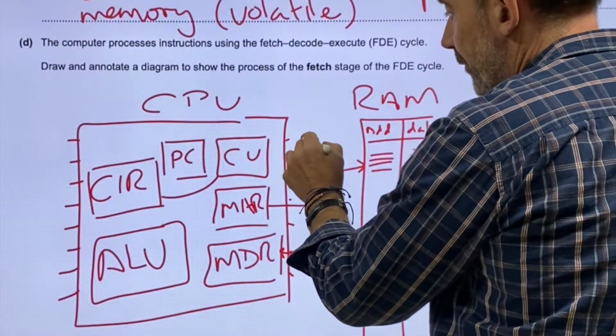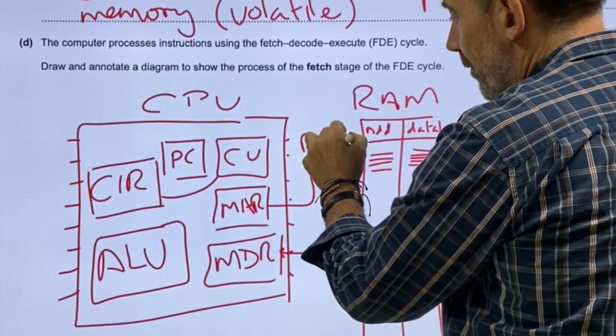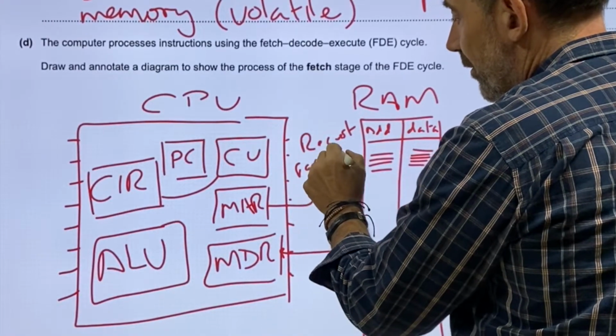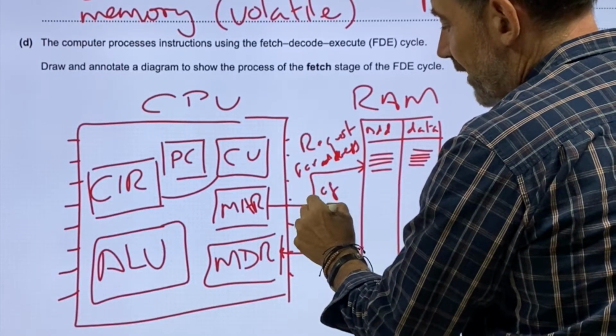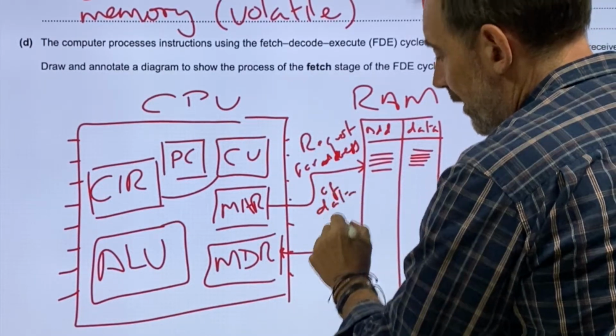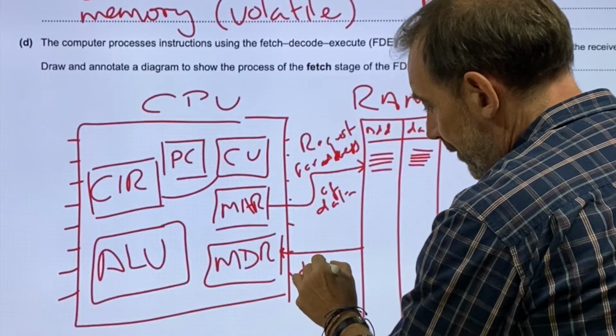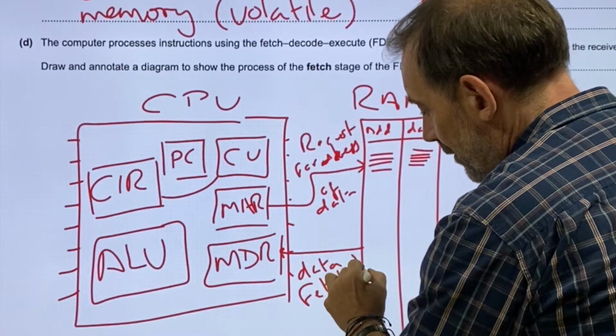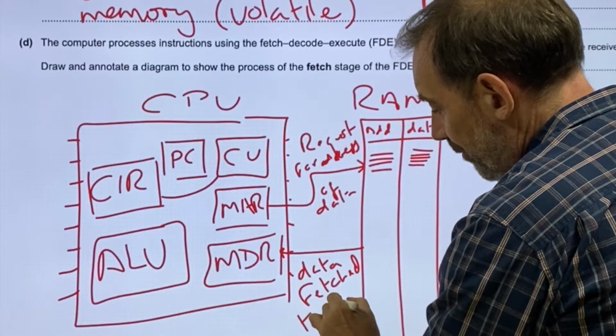So: request for address of data, data fetched to CPU.